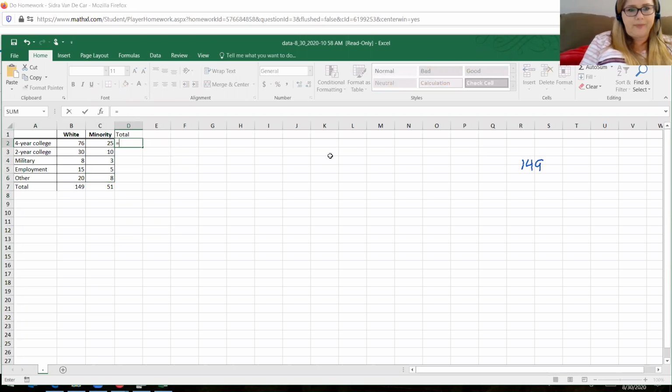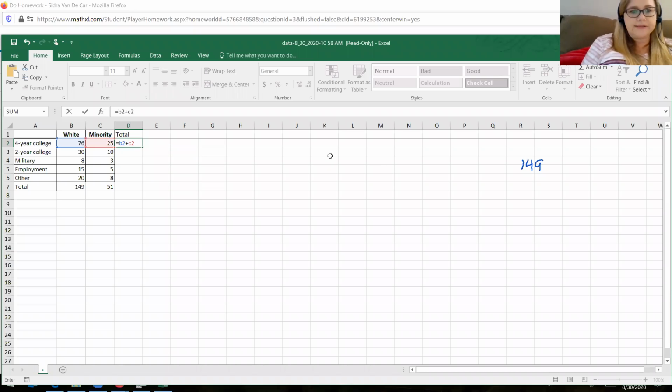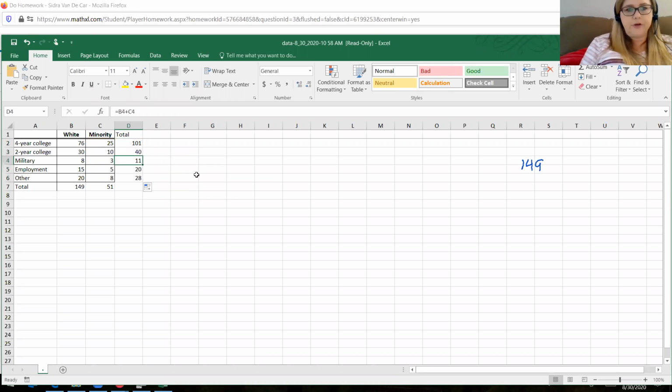Well, I don't need to write the sum when it's just two numbers. B2 plus C2. And notice that if I do that, then I can just drag this down and it'll fill in all of the other totals correctly. See, it advanced to B4 plus C4, okay? So that adds all those totals.